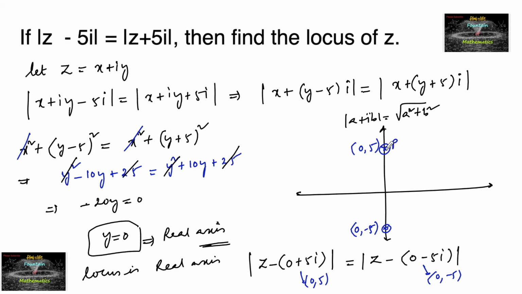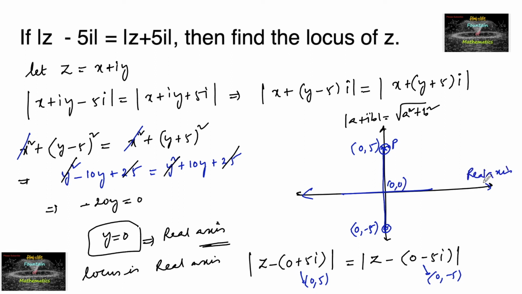The locus of a moving point whose distances from the two points are the same is nothing but the perpendicular bisector between them. The perpendicular bisector between (0, 5) and (0, minus 5) passes through the origin (0, 0), that is the real axis.